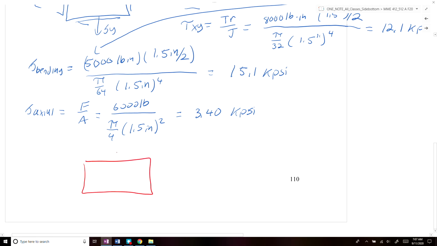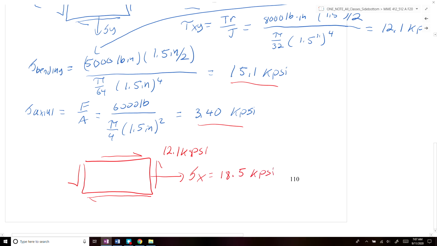We end up getting tau xy equal to 12.1 kpsi. Sigma x is going to be equal to 15.1 plus 3.40, so that should give us 18.5 kpsi. And sigma y should be equal to 0.